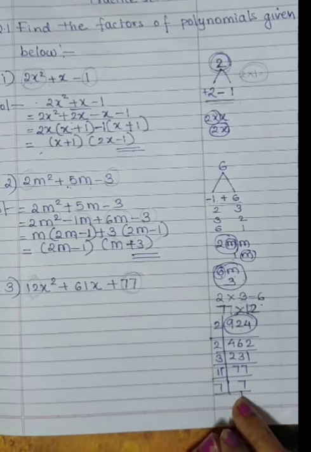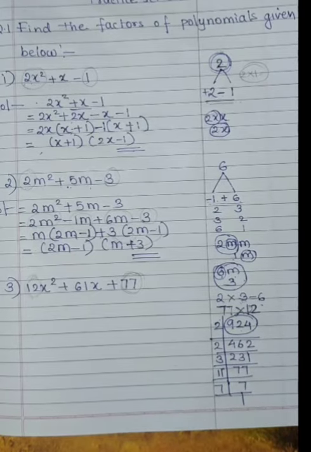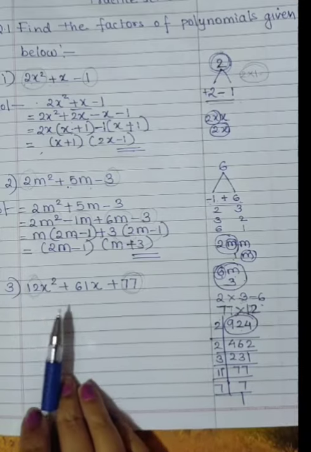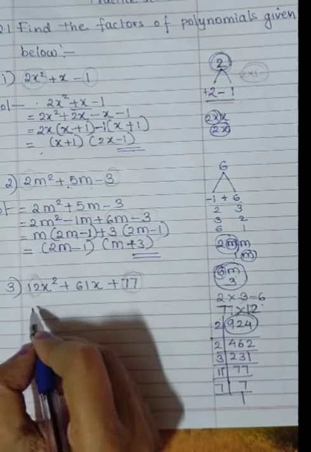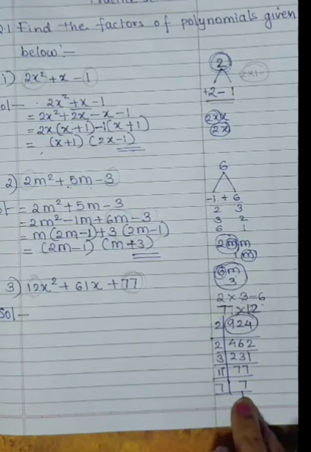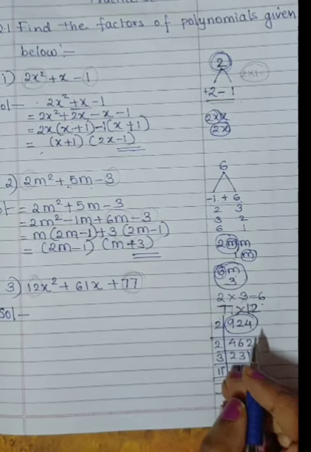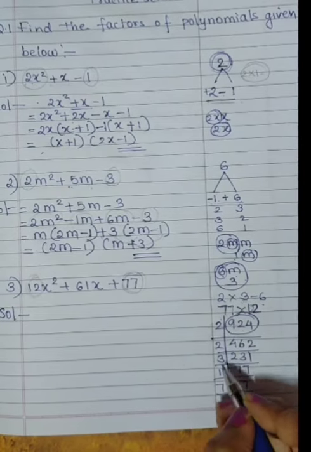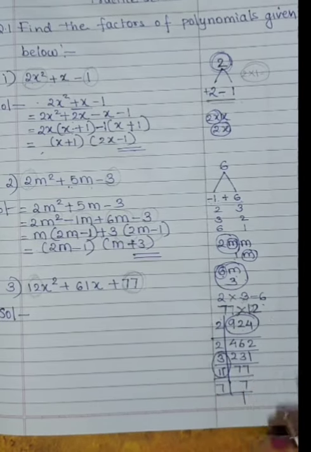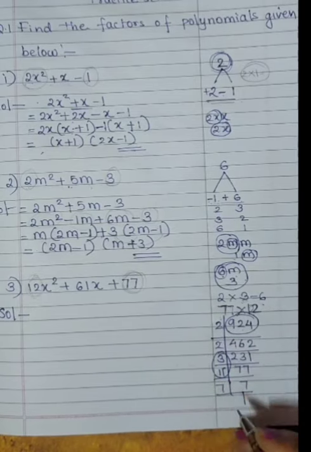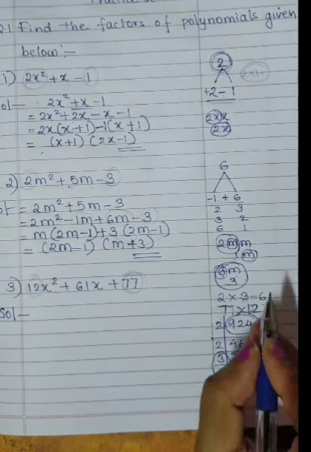Now from this we have to take such numbers so that we can do the solution step by step. So here, as you can see, first we'll take 2 2s are 4, 4 7s are 28.